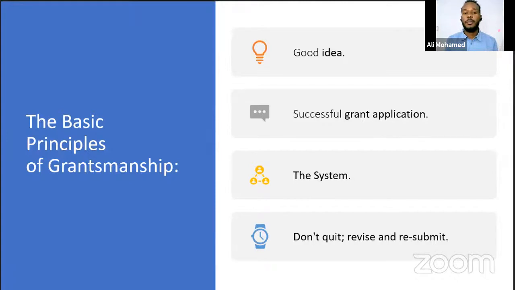Moreover, the system helps those who know the system very well. If you have a good idea and a valuable cause, but you cannot communicate well with the system and you don't know the system very well, then this would be of no benefit. The fourth point is persistence and resilience. So don't quit, revise, and resubmit.